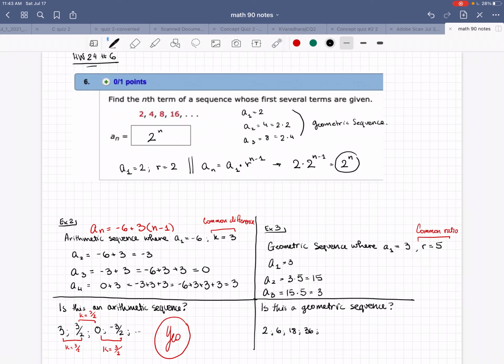But that's the same as taking 3 times 5, which is our second term, and then multiplying by 5 again. Just like with arithmetic sequences, we have our first term. For the second term, we multiply by the common ratio once. For the third term, we multiply by the common ratio twice.